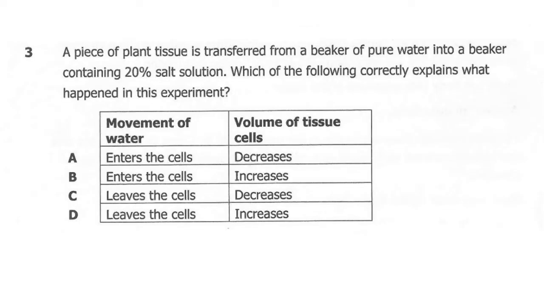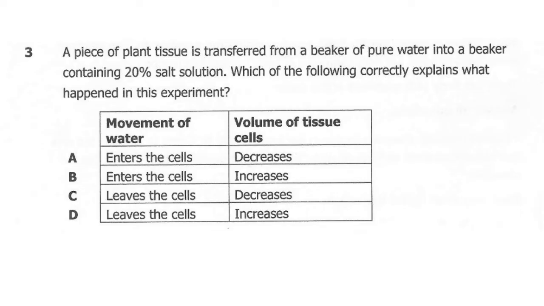Question 3. A piece of plant tissue is transferred from a beaker of pure water into a beaker containing 20% salt solution. Which of the following correctly explains what happened in this experiment? So we have movement of water, volume of tissue cells.